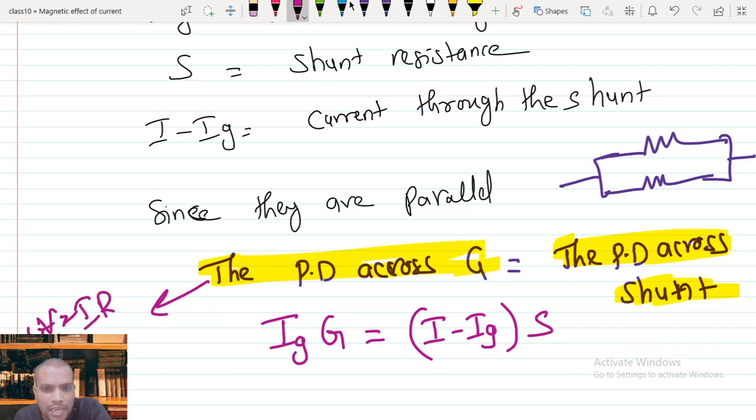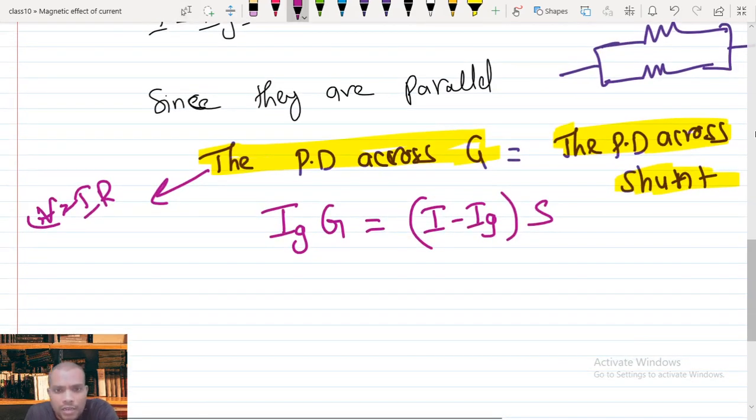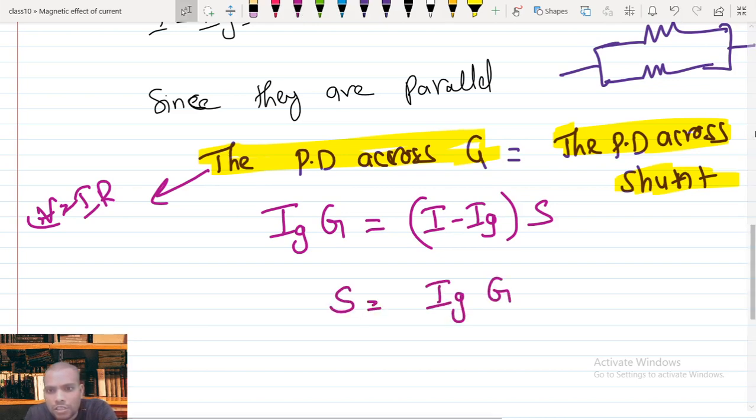So Ig is the galvanometer current and G is the galvanometer resistance, I minus Ig is the current across the shunt resistance, and S is the shunt resistance. And here we can write the expression for the shunt: S equal to Ig times G upon I minus Ig.